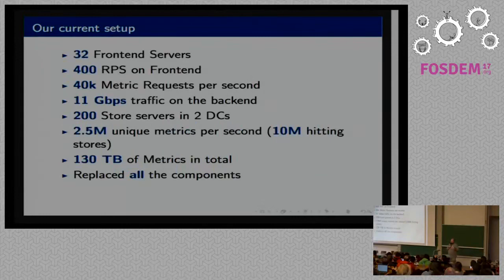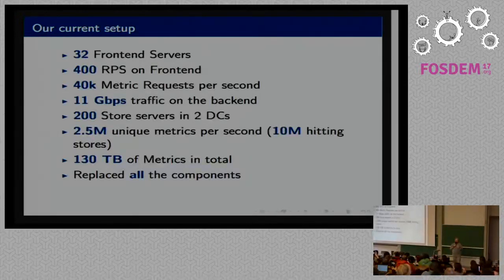So what we currently have is quite a complex and big setup. We have 32 front ends. We have several hundreds of requests per second on the front ends. And because they are kind of complex, usually one request contains from 10 to 1,000 metrics. That's why we have around 40 individual requests per second at peak.